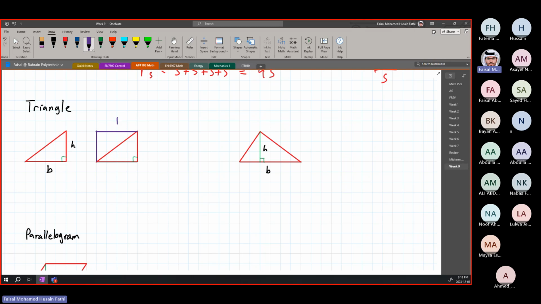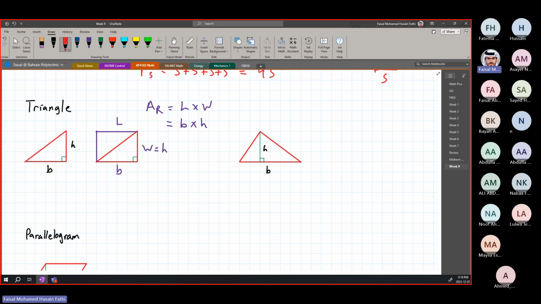It is the length times the width. Or in this case, the length is called the base, B, and the width is the height, H. We know that the area of a rectangle is simply equal to length times width, or in this case, base times height for the rectangle.